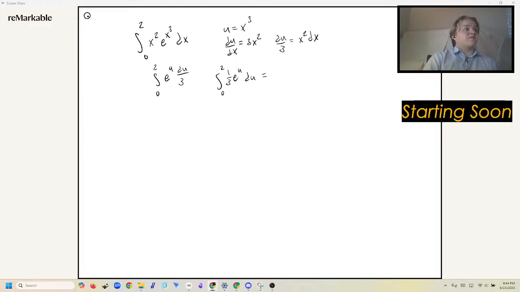In this case, because we have a 1/3, I'm going to make sure we carry that out. So we have 1/3 e to the u, or e to the x cubed, and that's all from 0 to 2.